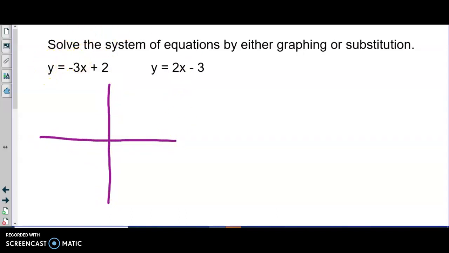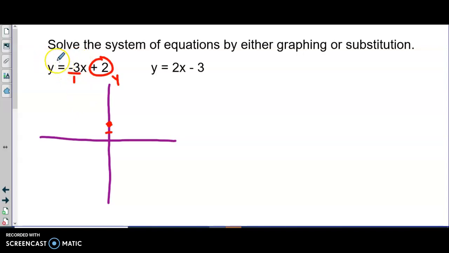If I wanted to graph this first equation, what you do first is put your y-intercept on the y-axis. So this is my y-axis, and at 2 I have to have a point because that's my y-intercept. Then I would do my slope, and your slope is a number attached to x. If it's not already a fraction, you want to make it a fraction by putting it over 1.